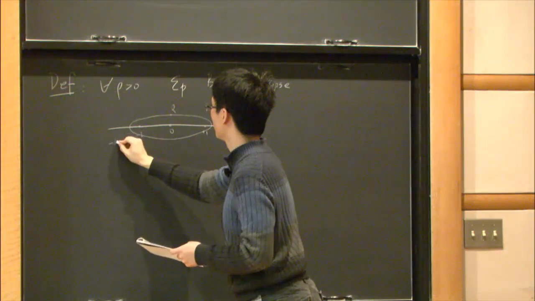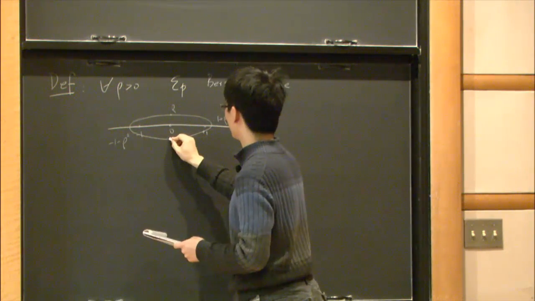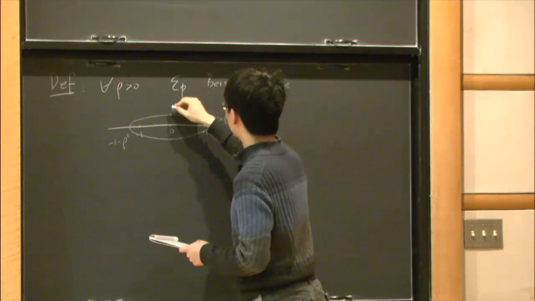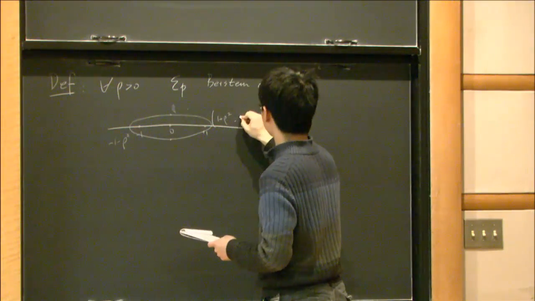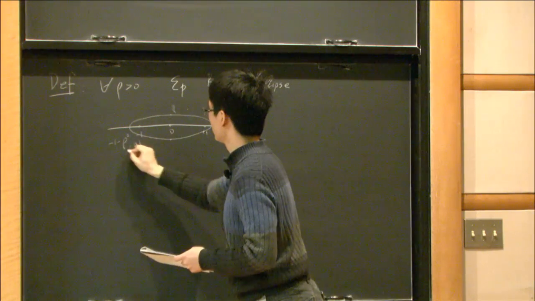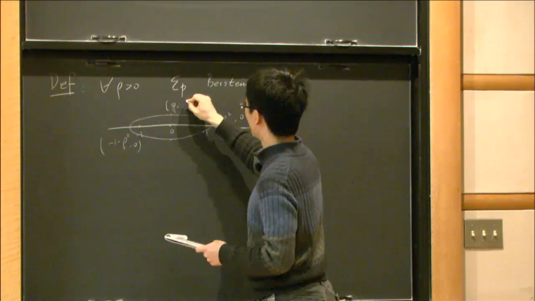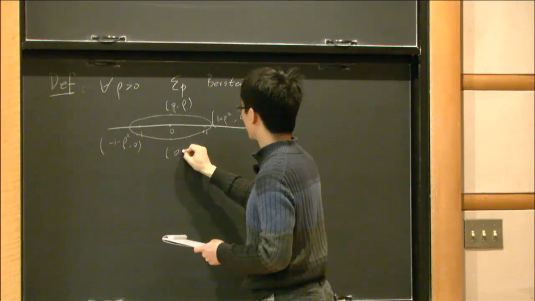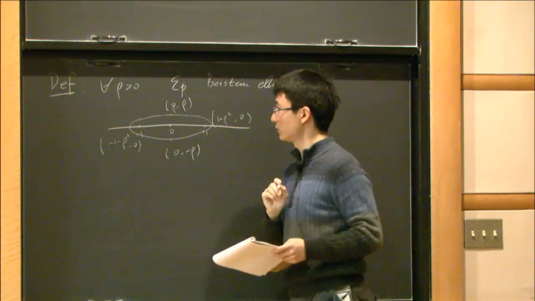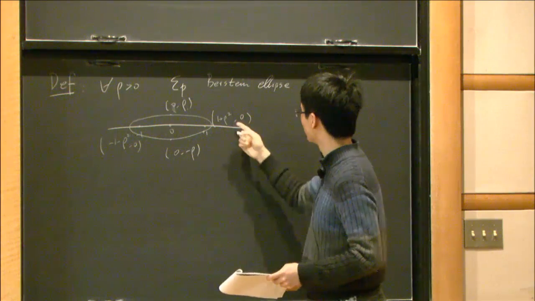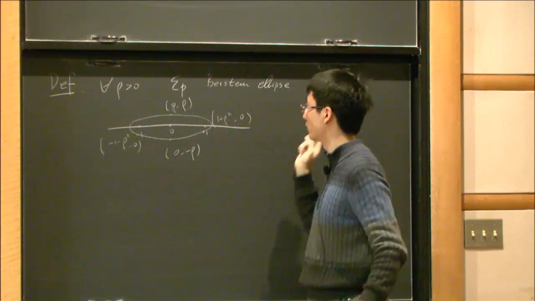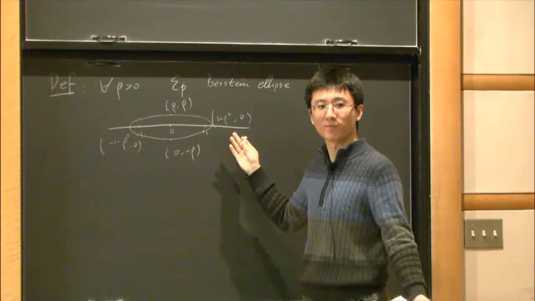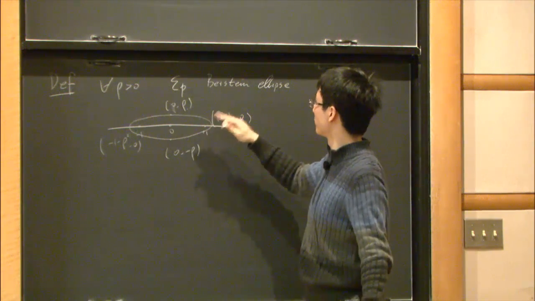And this is -1 minus rho square, and this is 0 comma rho, this is 0 comma minus rho. So this is up to some constants sitting in front of the rho square, maybe 2 or whatever, but whichever makes it an ellipse, okay? Then this is the so-called rho-Bernstein ellipse.